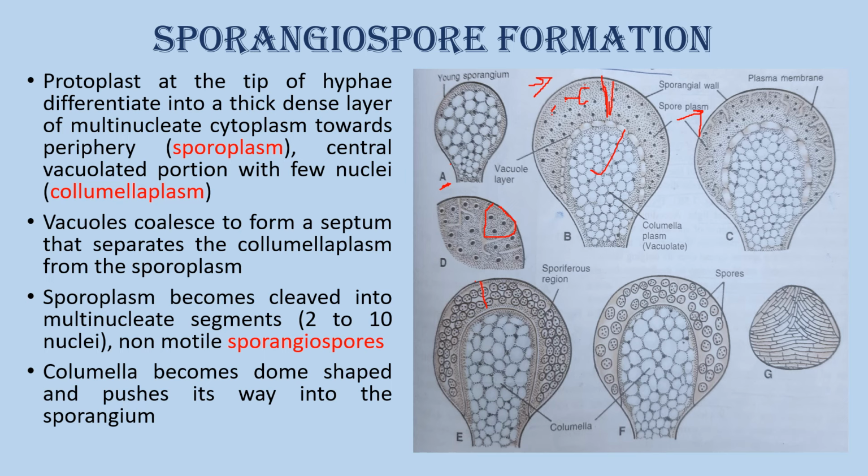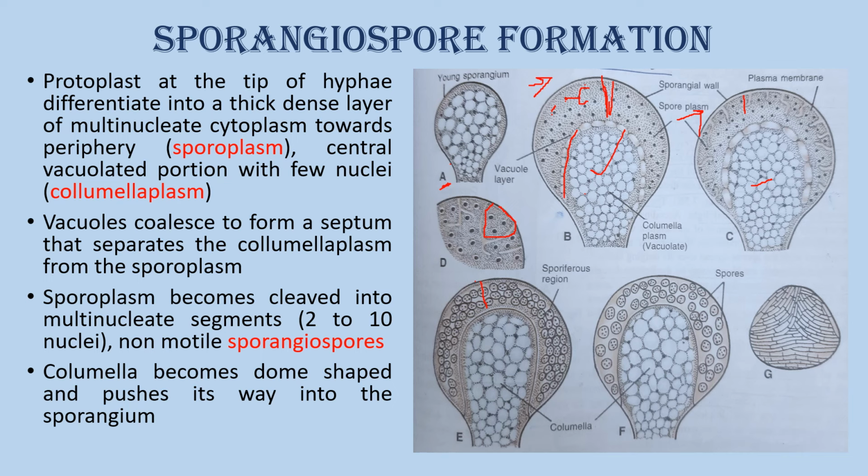And what is happening in the central region? The vacuoles in the periphery of the central region fuse with one another and thus separate the vacuolated region from the sporiferous region.